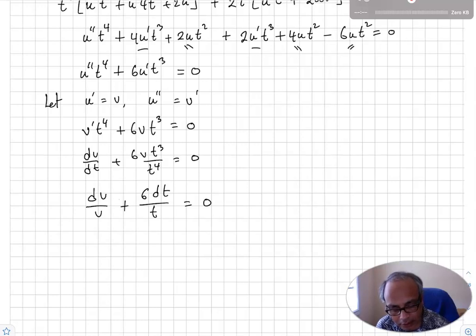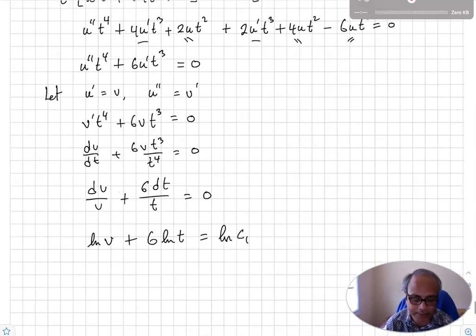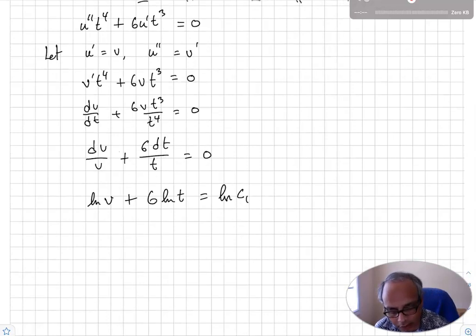So you integrate it. So you get here ln of v plus 6 ln of t. So simply integrate with respect to v first term, with respect to t second term, and on the right hand side, integration of 0 is a constant. Once we see ln, perhaps we can just write down ln of c1. So now on the left hand side you can rewrite it as ln of v times t to the power 6. 6 ln of t is ln of t to the power 6.